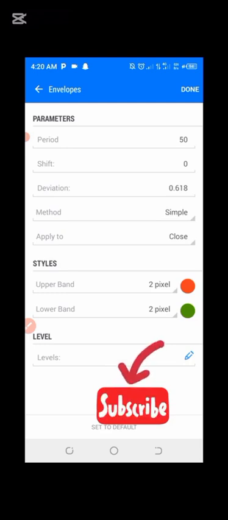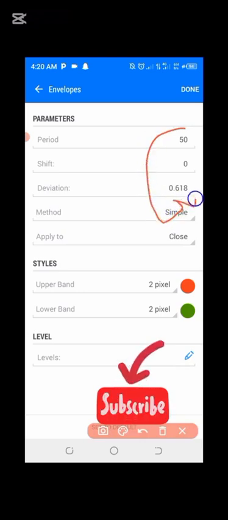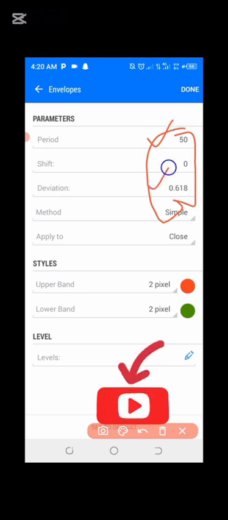The upper band is 2 pixels, the lower band is 2 pixels, and the color for the upper band is red, the lower band is green. Once you are done, you click on done. The major indicator we are using here is this envelope, and this is the major thing that gave us the confirmation that makes this strategy very unique.